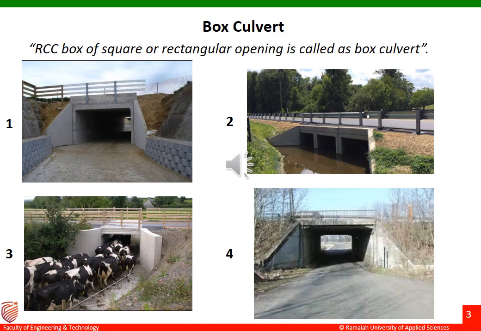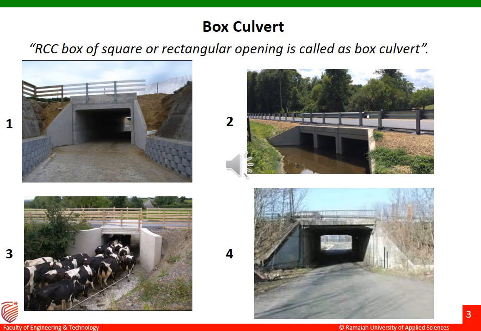Then coming to figure 3, a passage has been made for the movement of animals below the road. You might have observed while traveling across national highways, state highways or expressways in any forest area that in some places, even where you have no streams, there is a box culvert or a passage provided below the road.